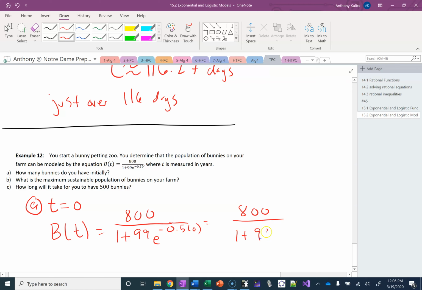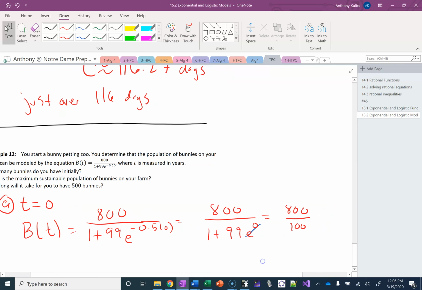So that's going to give me 1 plus 99 times e to the 0. And if you remember, anything to the 0 power is just 1. So I'm left with 800 over 100, or 8 bunnies initially.